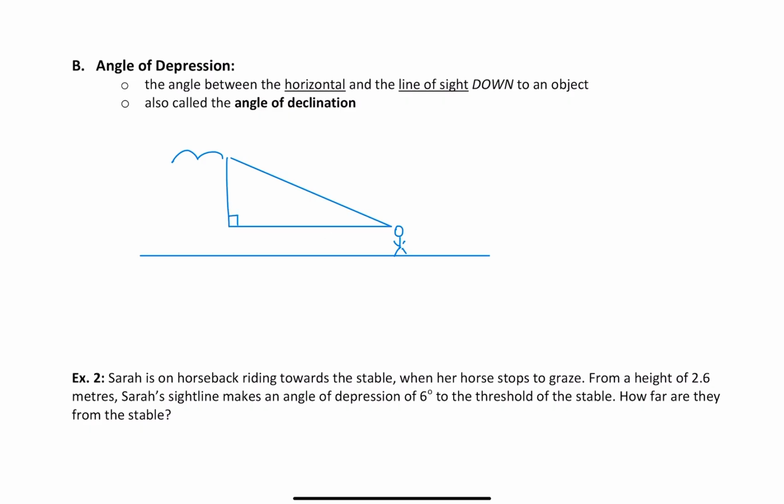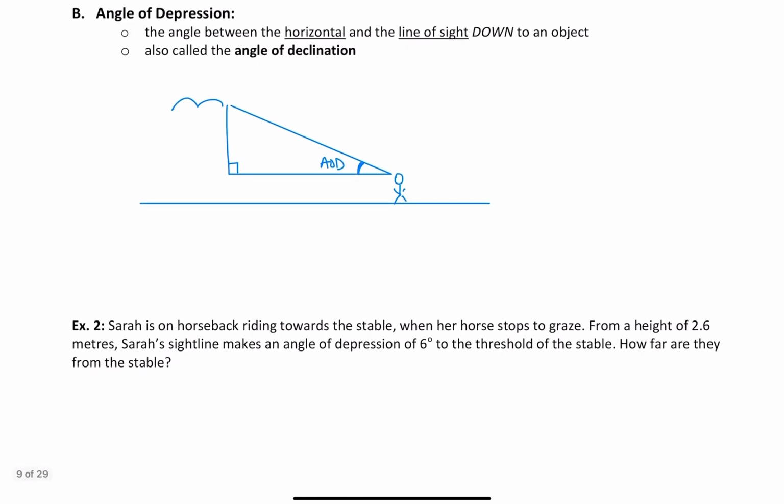We see here that we have another right triangle, and this here is our angle of depression. So I'll use AOD. And you'll actually notice that it's pretty much the same as our angle of elevation, because both of them are the angle between the horizontal line and the line either going down or up. But it just so happens that the angle is at the same spot.